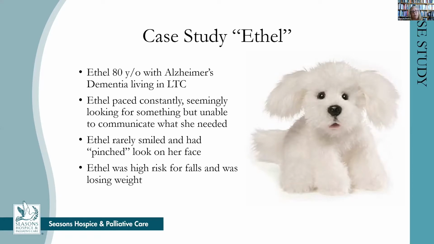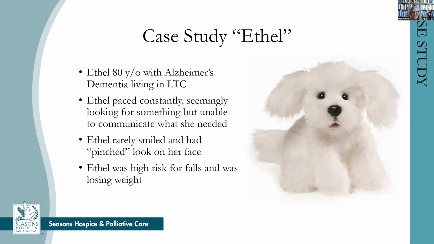The next step was to put the dog in her lap. We had tried this before, but we tried it with a little tiny stuffed animal that she ended up throwing on the ground. This time, we put the stuffed animal on her lap and asked her to take care of it. And so another miracle started to happen where she started to cuddle this dog and talk to it.